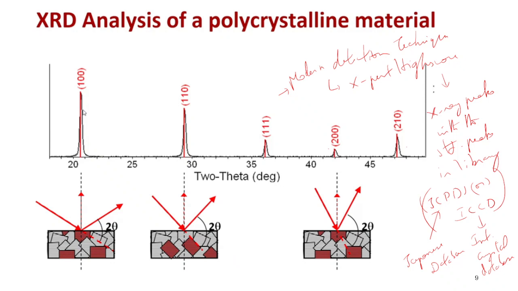For polycrystalline materials we will get a slightly broader peak, whereas for single crystalline materials you can see the red lines. We will get a nice sharp red line. If we want to find a new material, it is better to study its properties as a single crystal first.